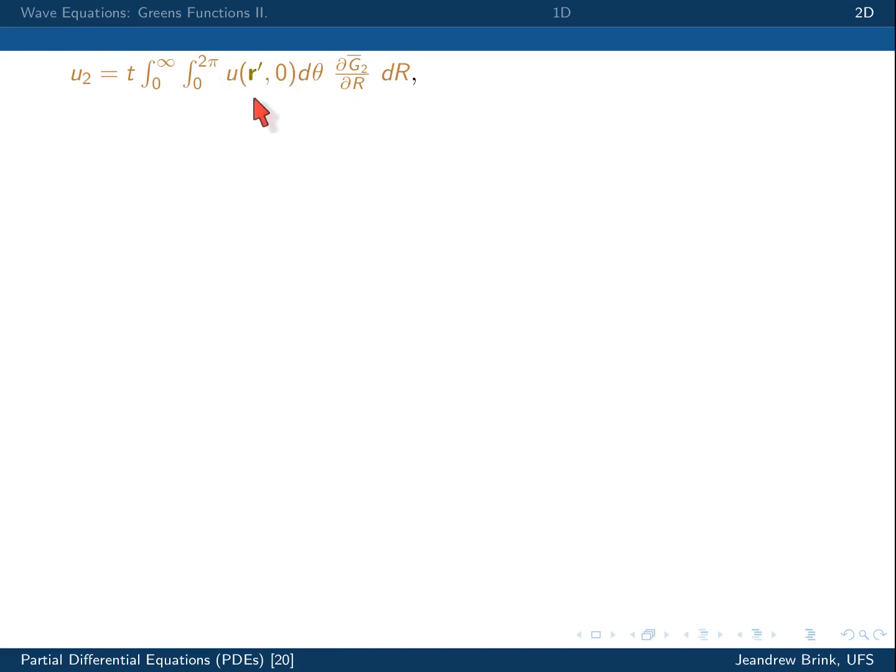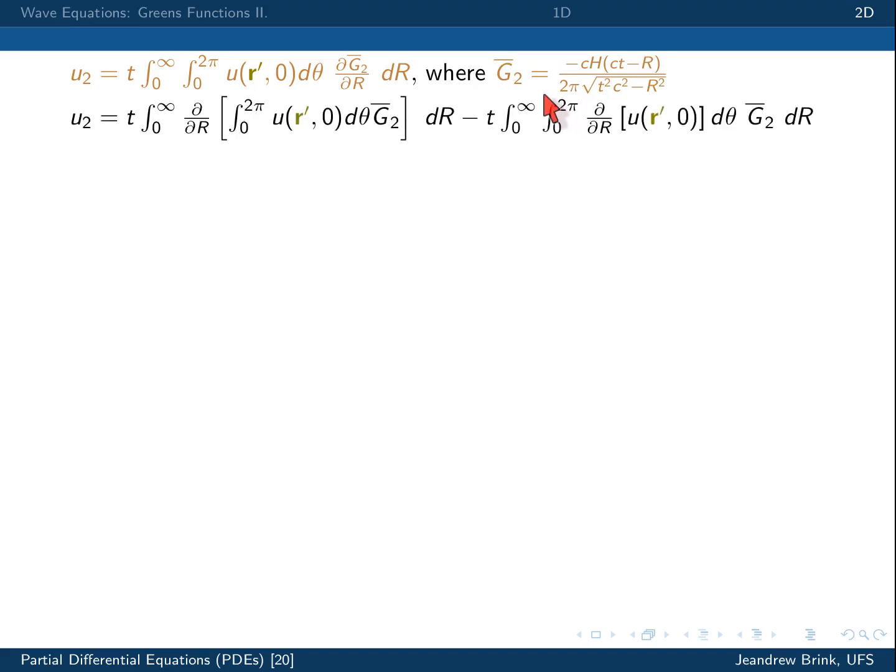Plus this angular integral, and the angular integral is only applicable to taking the angular average of this initial condition u at the source point. Okay, so I've moved this Green's function out, and what I'm now going to do is integrate by parts. Here I give the Green's function just for later purposes.